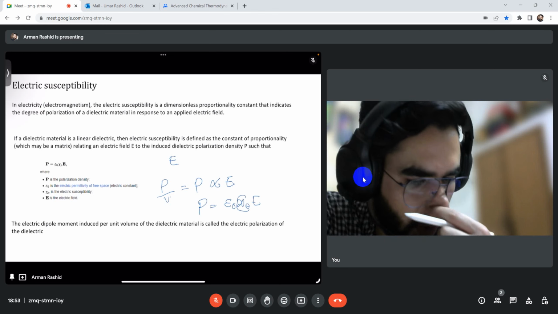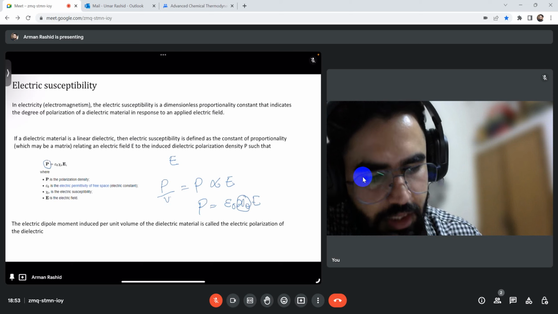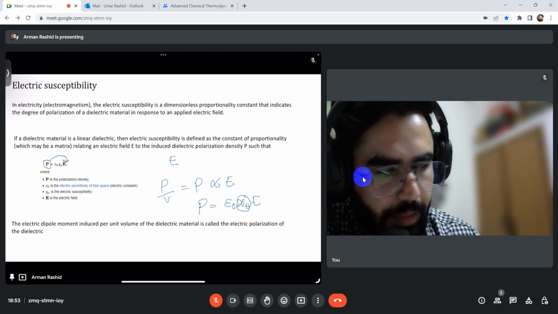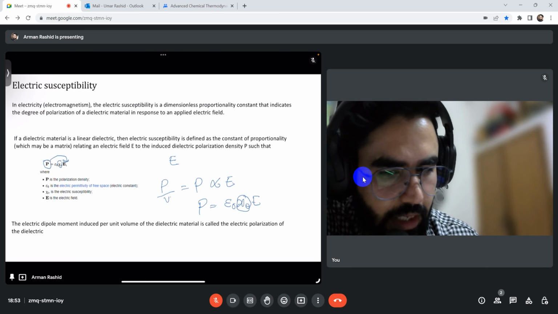So polarization density is related to the applied electrical field by the electric susceptibility.